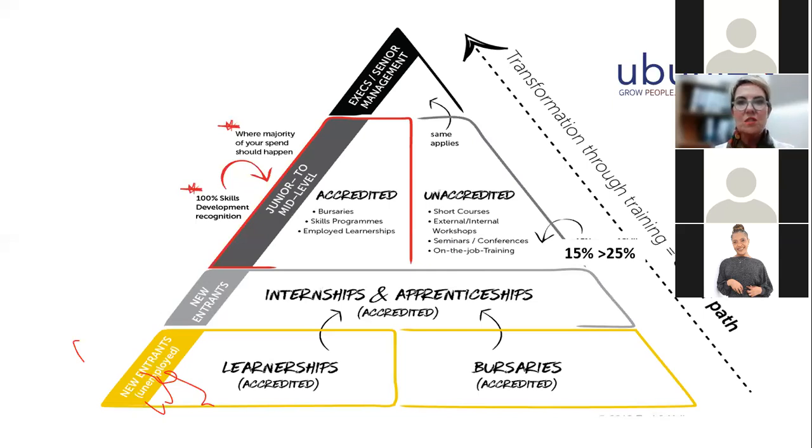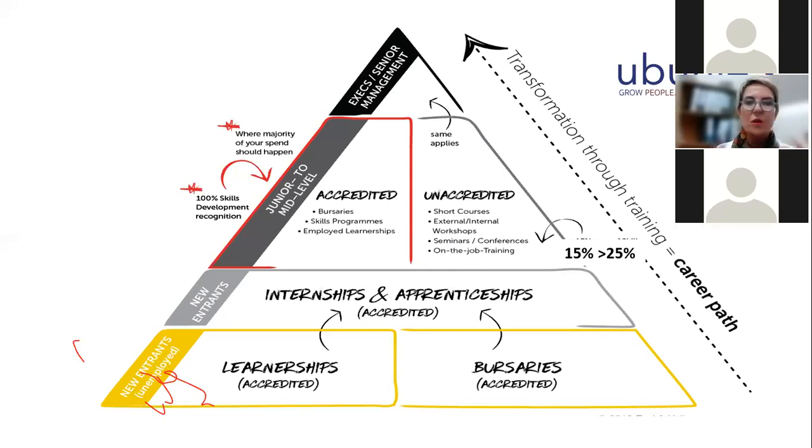This is for continuous professional development. And remember that on the BBBEE scorecard, you can claim 25% of your costs on unaccredited programs back as a spend. So these could be seminars, this could be on-the-job training. Show the planning in your WSP.